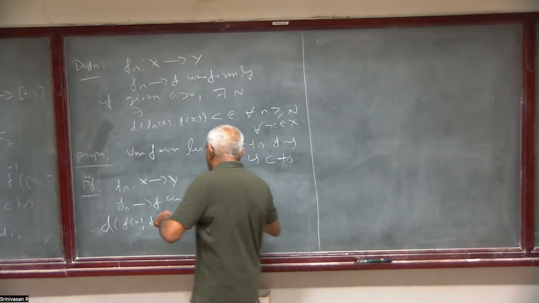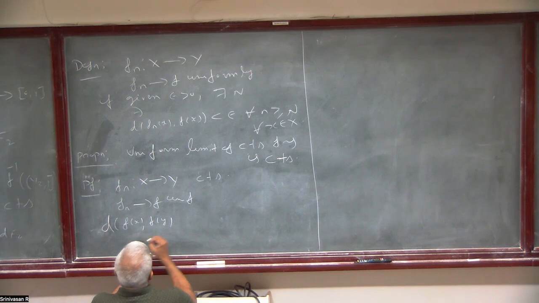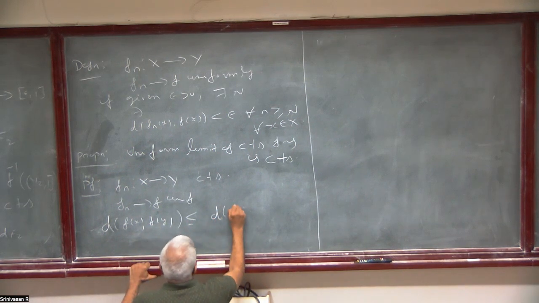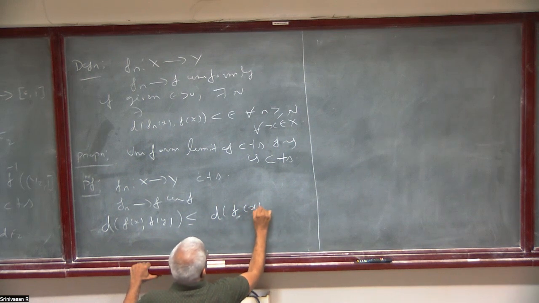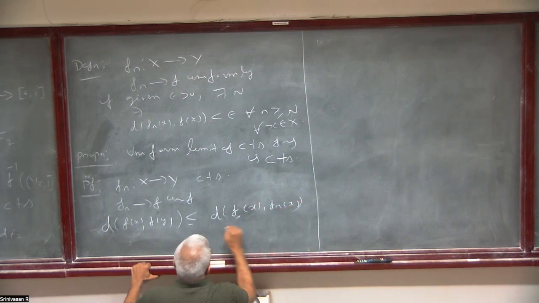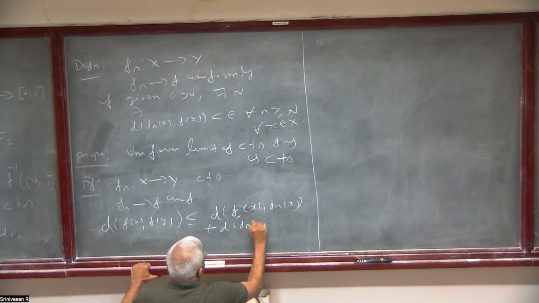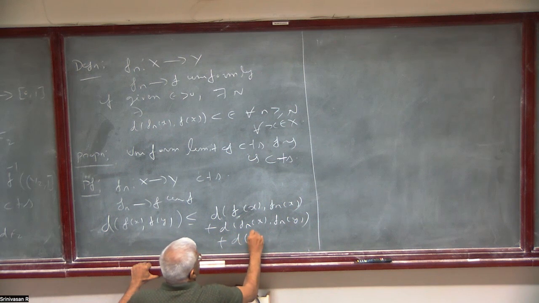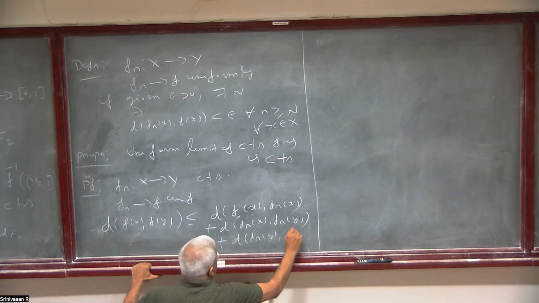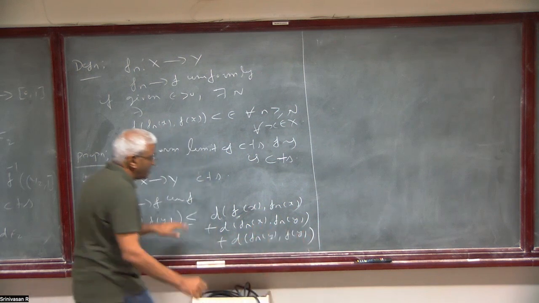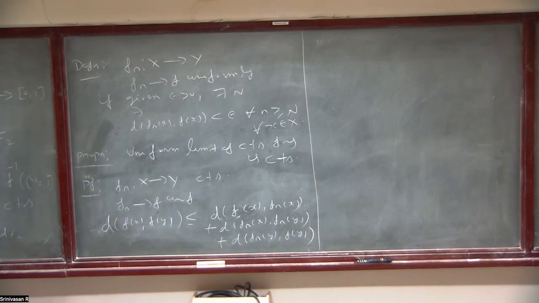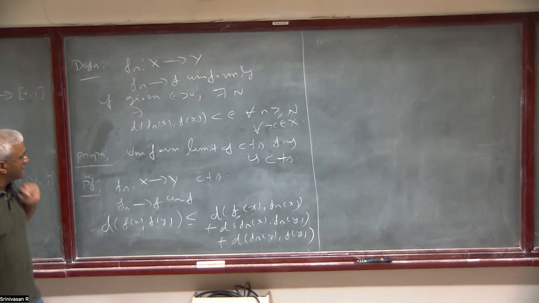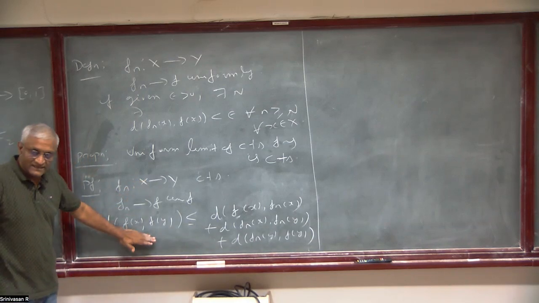For that, I write the triangle inequality, and argue this is less than or equal to, using the triangle inequality twice, d(f(x), f_n(x)) plus d(f_n(x), f_n(y)) plus d(f_n(y), f(y)). Now to prove f is continuous, I have to get a delta such that d(x, y) less than delta will imply this is less than epsilon.